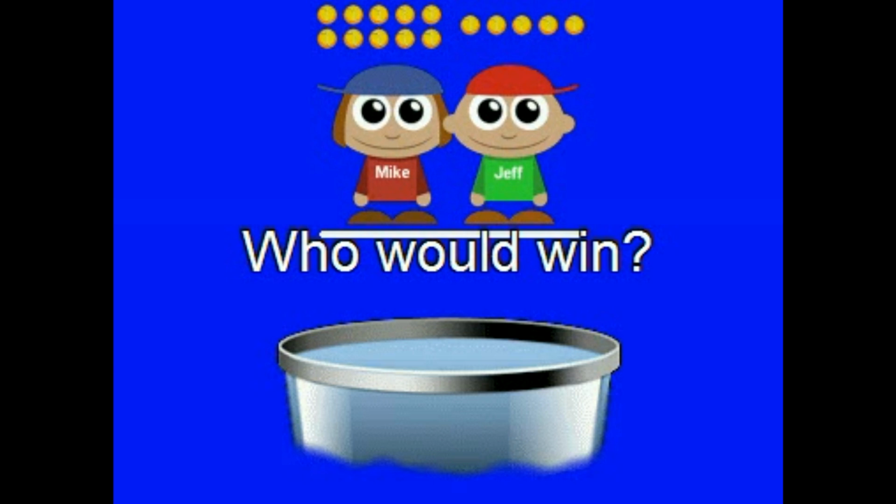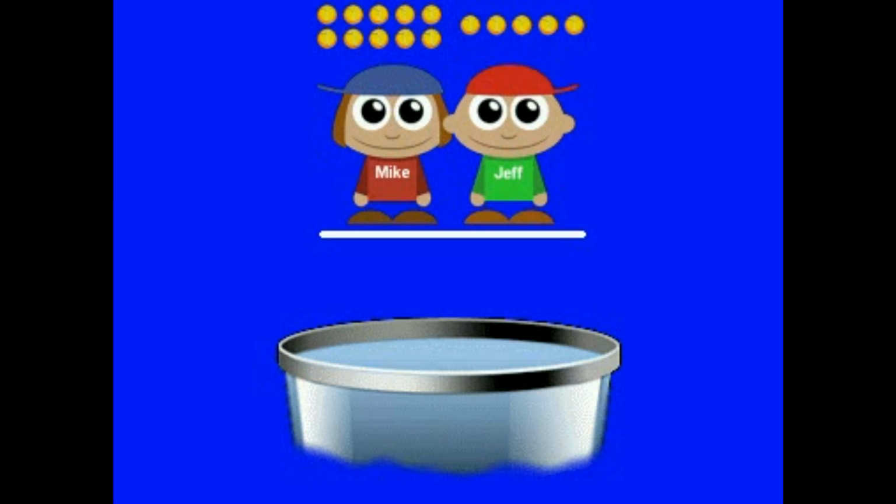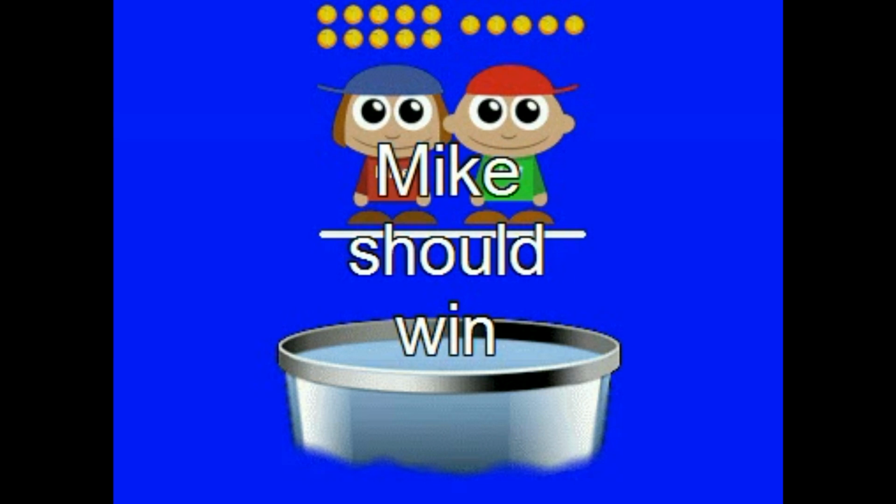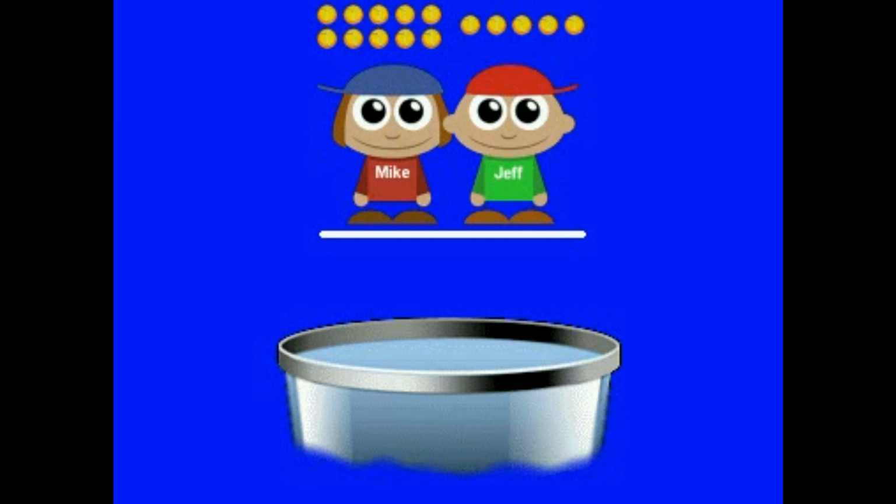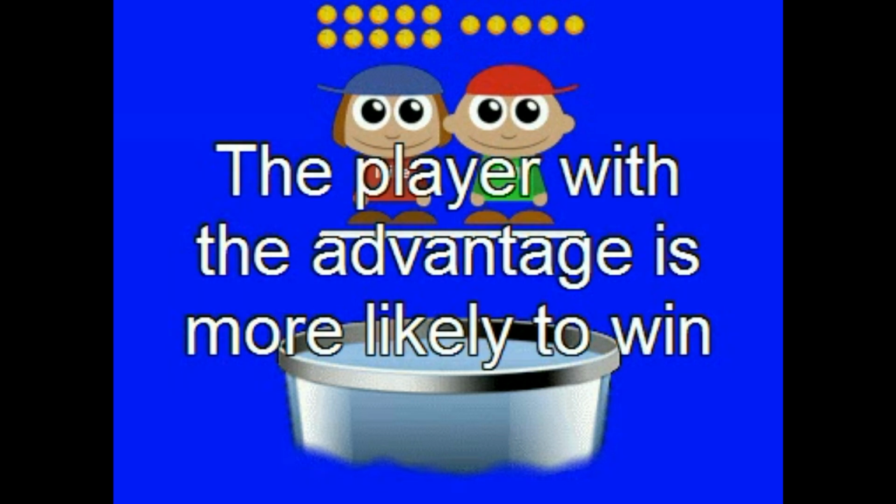Who would be most likely to win? Invariably, my students always respond that Mike would because he has more balls. I then ask, does that mean he will win? And they always answer, no, Mike may not be a good shot. The exact same is true in chess. The player with the advantage is more likely to win, but only if he or she makes good use of that advantage. Here's how force is defined and determined in chess.